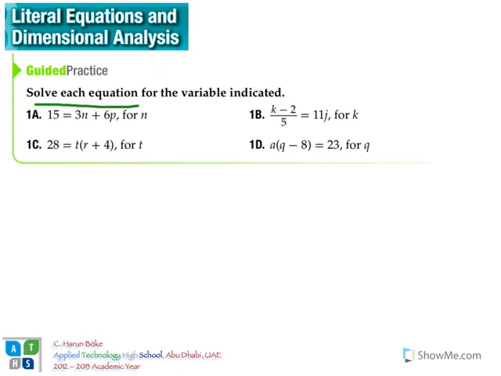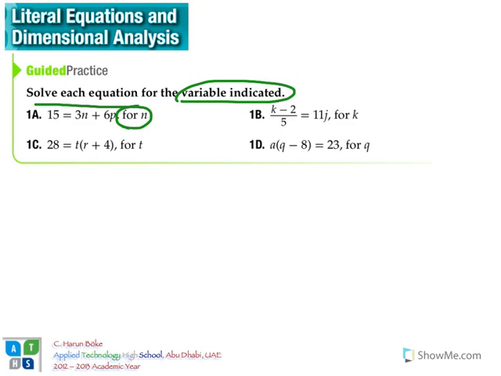So we are going to solve an equation actually for the variable indicated. Now we are not going to find a number, but we are just going to rewrite the equation to get the indicated variable alone.